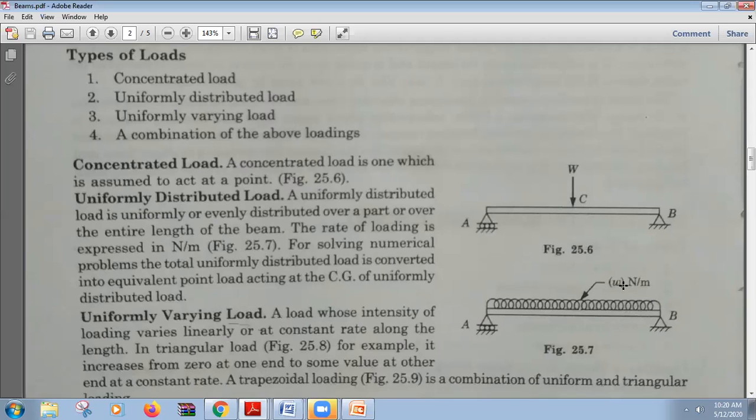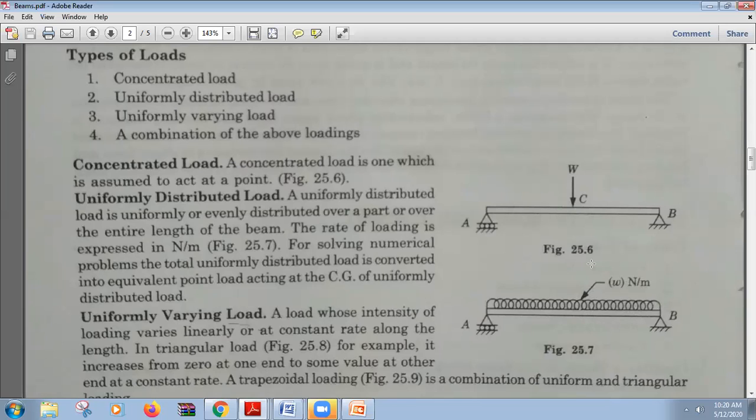If it is W newton per meter and the span is 7 meters, the whole weight will be 7W newtons. This is called uniformly distributed load, in newtons per meter.